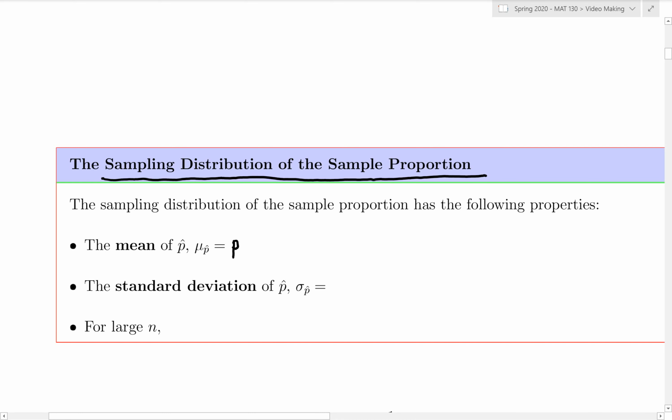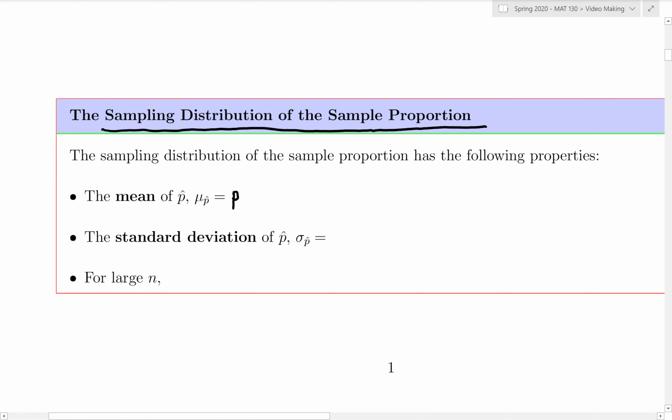In other words, the mean of p hat equals the population proportion. The standard deviation of p hat is going to equal this quantity here: the square root of p times 1 minus p, divided by n.